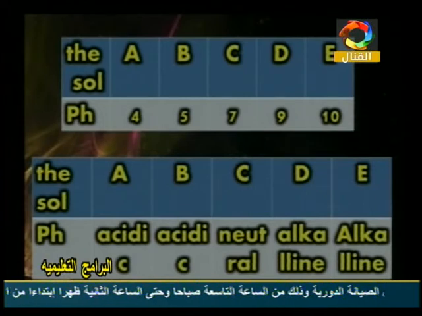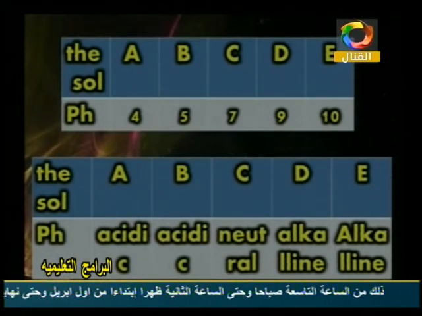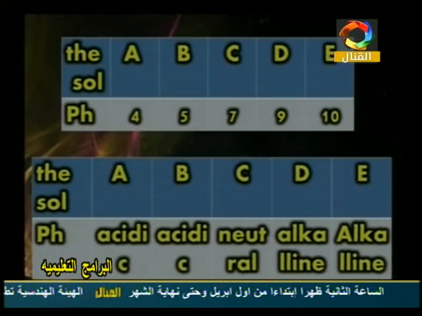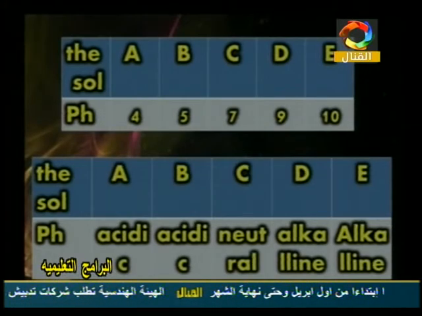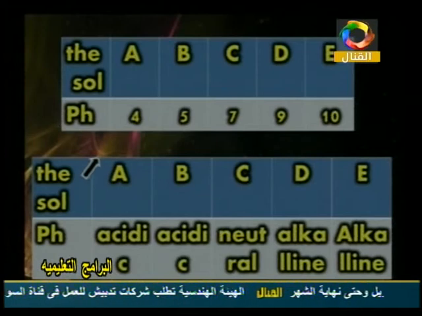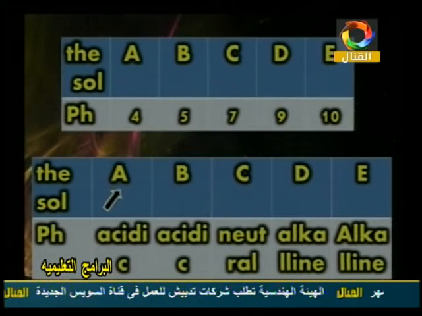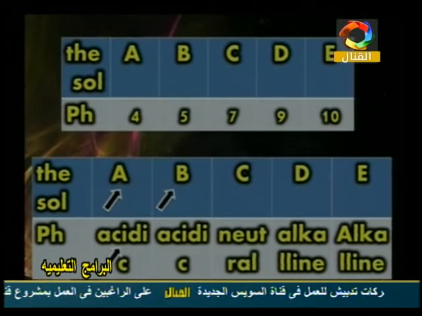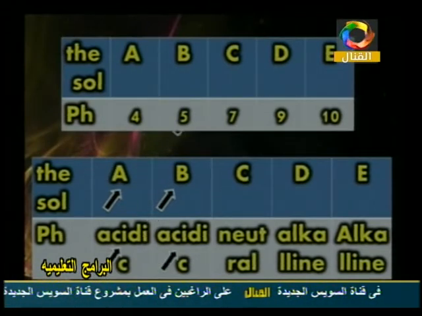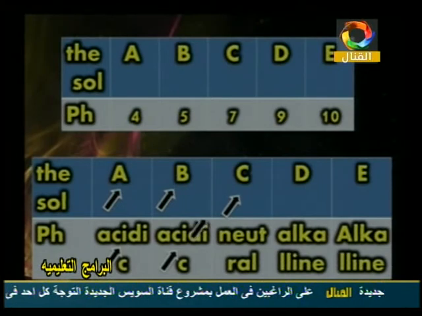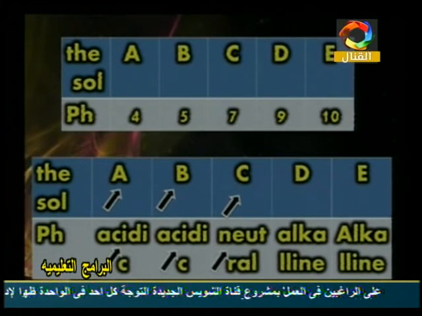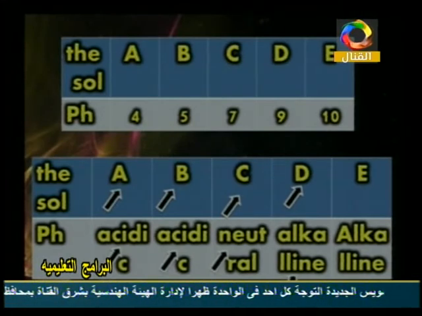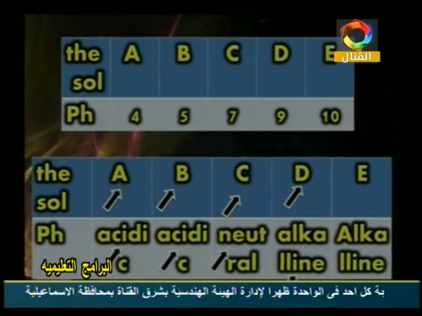B 5, acidic. C 7, neutral. D 9, it means alkaline. E 10, alkaline. Less than 7, acidic. More than 7, alkaline. A 4, acidic. B 5, acidic. C 7, neutral. D 9, alkaline. Alkaline solution or basic. What about E? More than 7.